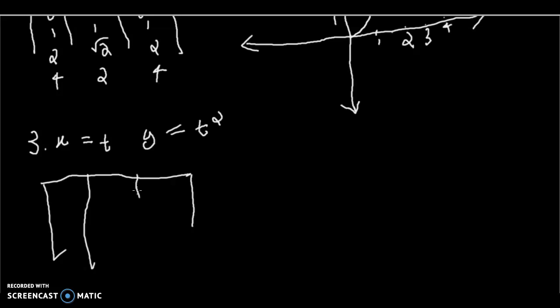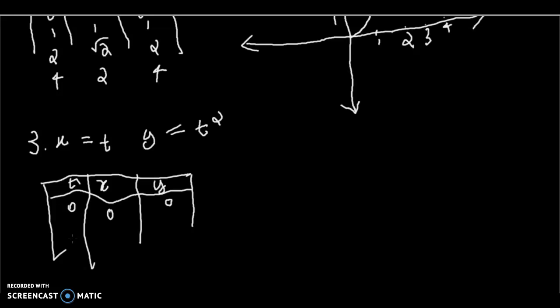When t equals 0, what happens to x and y? x is equal to 0 and y equal to 0.